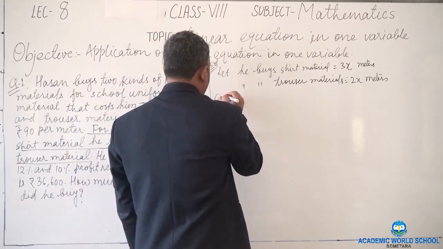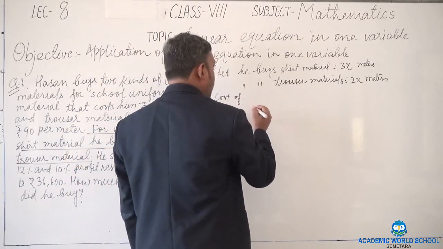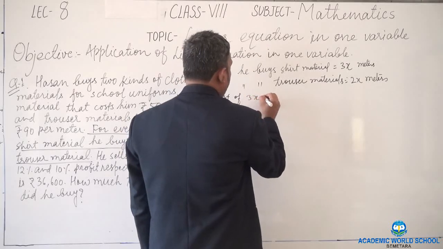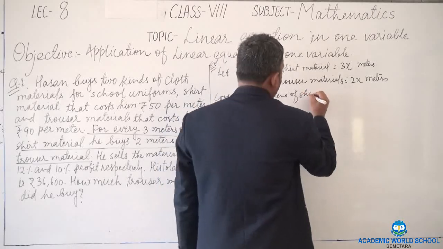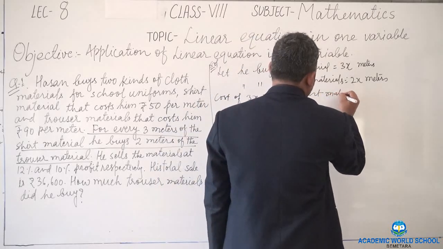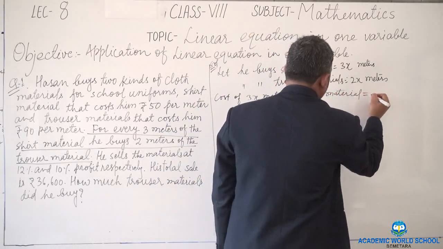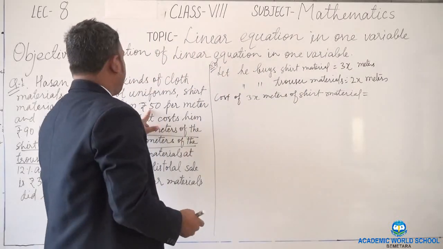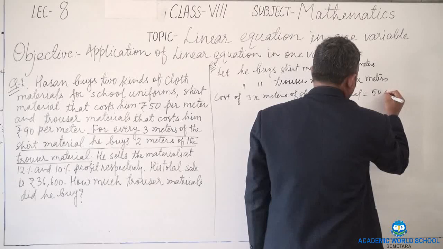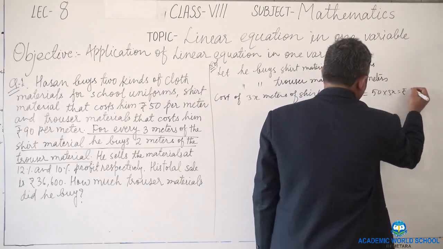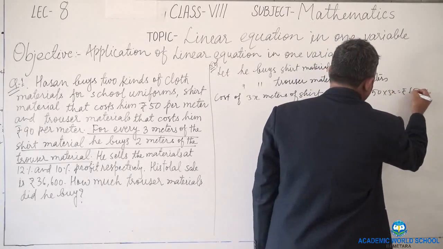So we write here, cost of 3x meters of shirt material will be, cost of 1 meter is 50 rupees, so cost of 3x meter is 50 into 3x, which will be rupees 150x.